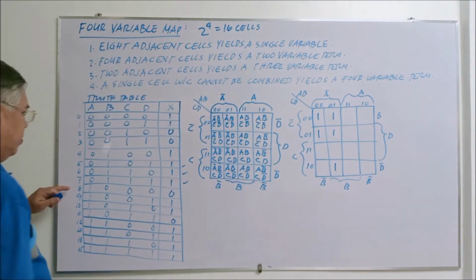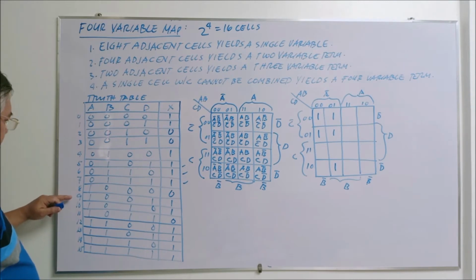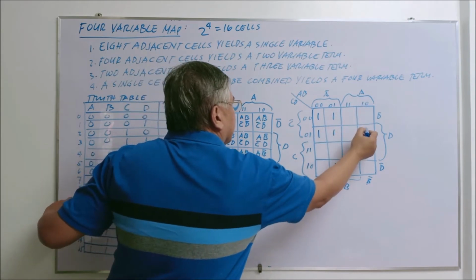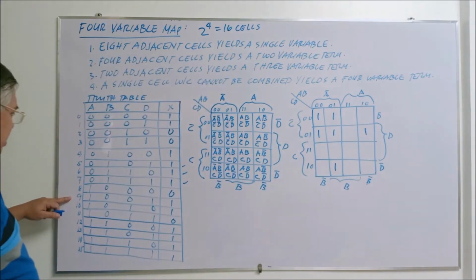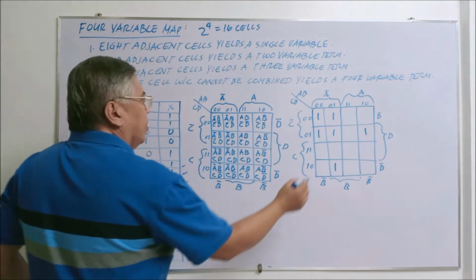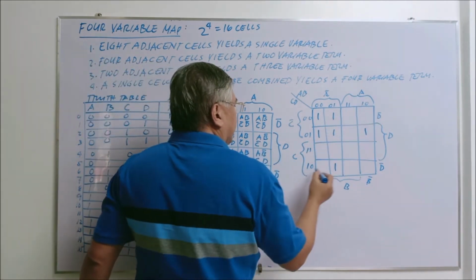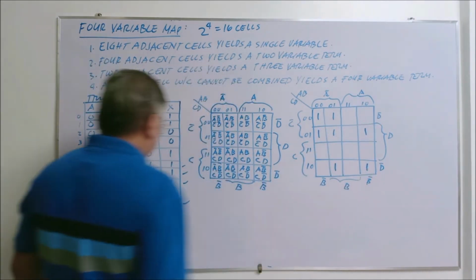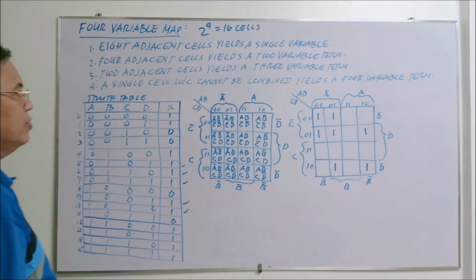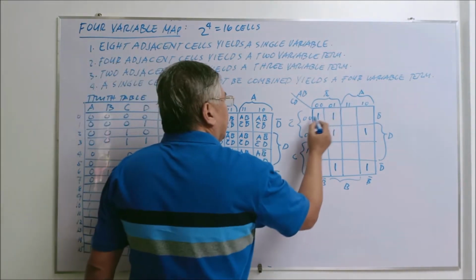And then you have 1, 0, 0, 1. So the output here is 1. And then 1, 0, 1, 0. The output is 1. Then you have 1, 1, 0, 0.